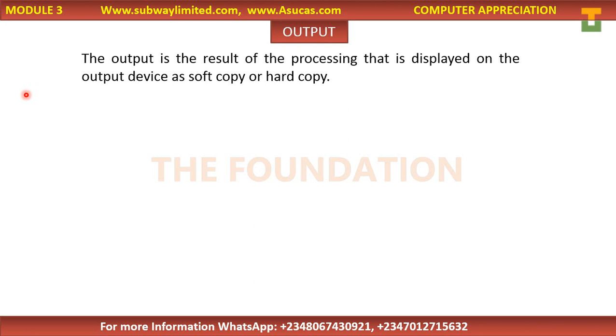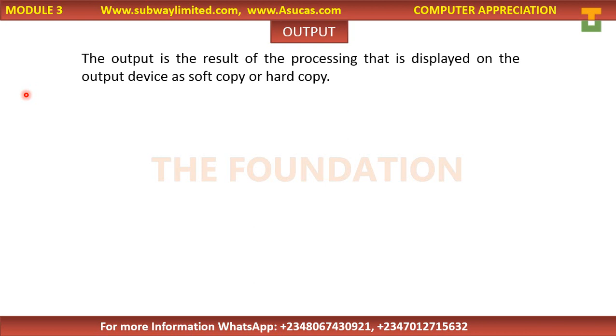So the output is the result, like now that we are recording this information, you are hearing our voice. That is the output. You are able to read what is written on this screen, module 3, www.subwaylimited.com.